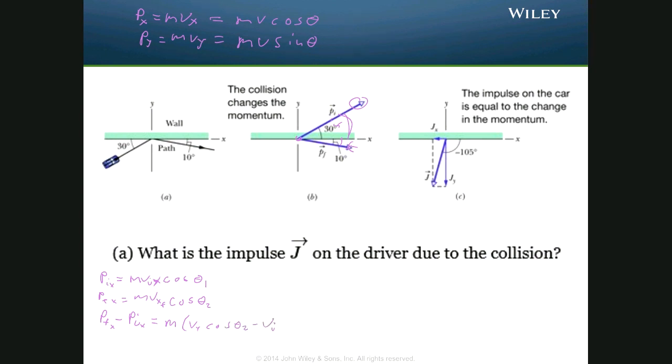And these, of course, are in the x direction. Oh, no, these are magnitudes. Sorry. See, now I'm getting the Friday blues. That's true for the x, but these will be magnitudes here, right? Because we're taking the component. So that'll be v final cosine theta 2 minus v initial cosine theta 1.